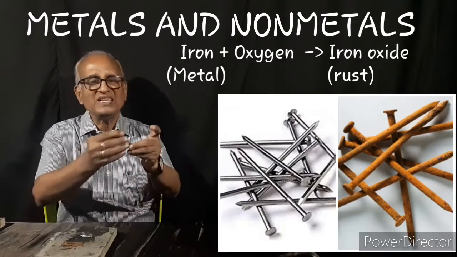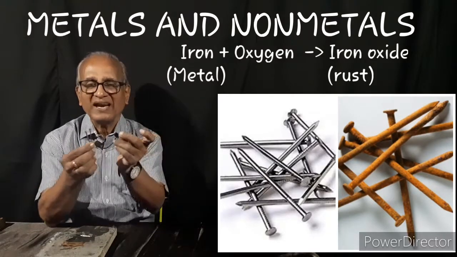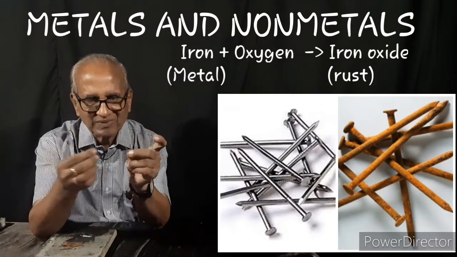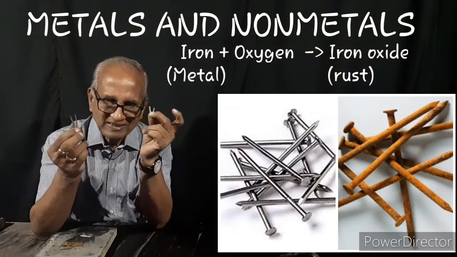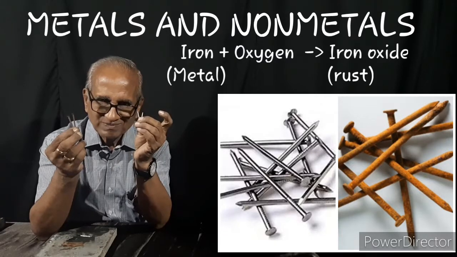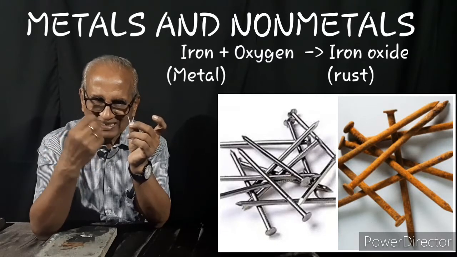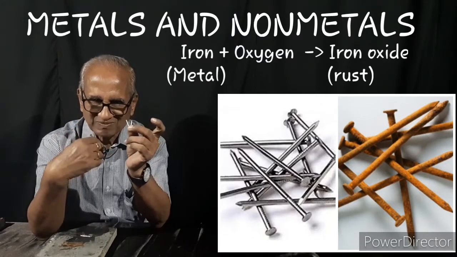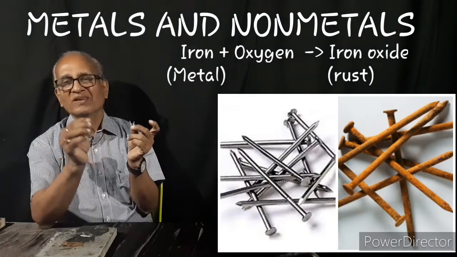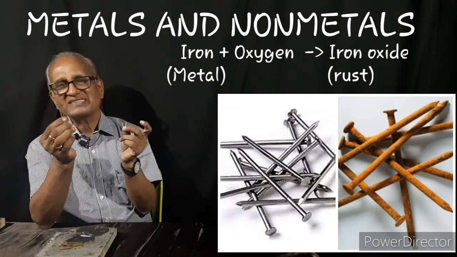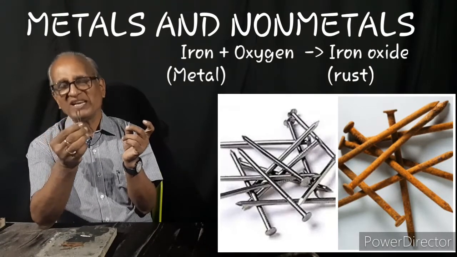See, you see these two iron nails and these two iron nails. These are bright. They have a shine. They are lustrous. They have a luster. But these are not lustrous. They don't have a luster.